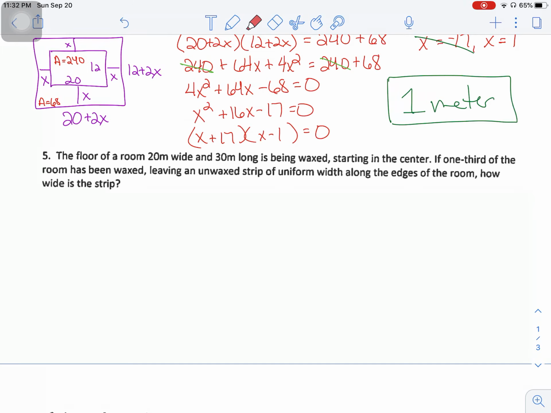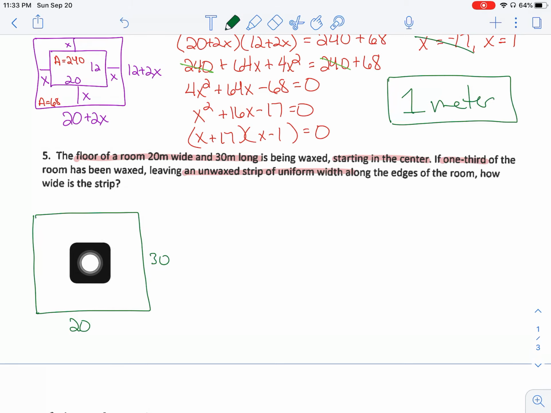The floor of a room, 20 meters wide and 30 meters long, is being waxed starting in the center. 1/3 of the room has been waxed, leaving an unwaxed strip of uniform width along the edge. So we have a room, 20 by 30, and it's being waxed starting in the center of the room.